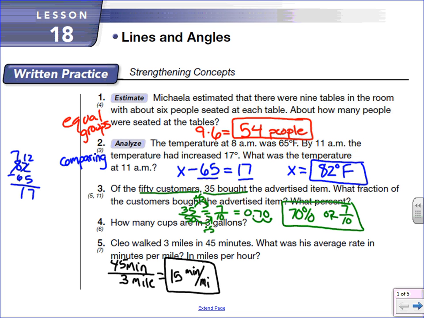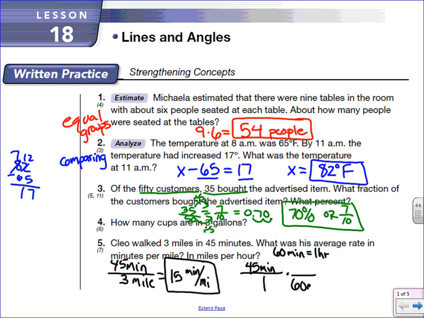Now, in the next one, they're asking us what is his average rate in miles per hour. So the first thing that we need to do is convert minutes into hours. So I have 45 minutes over 1, and I know that 60 minutes equals 1 hour. So I'm going to put minutes on the bottom of the next fraction so that it cancels out with the minutes of the 45.